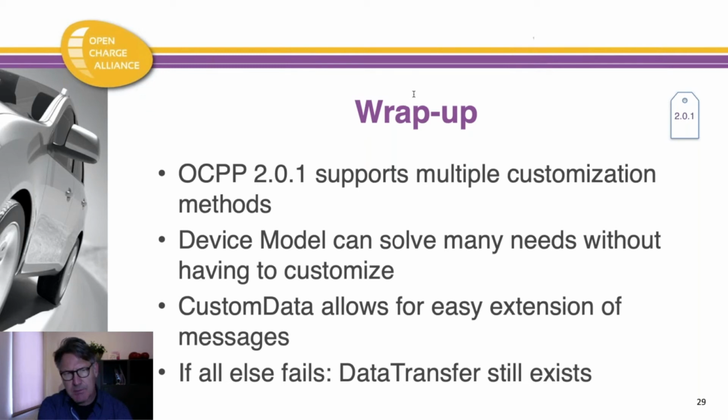And for the 1.6 configuration keys, we don't have a naming convention for those keys. So for the vendor ID and the message ID in the data transfer, we do supply it, but not for the configuration keys. So it might be wise, if you fear that there might be some conflict with the naming in the future, that you also prepend that with your organization name, for example.